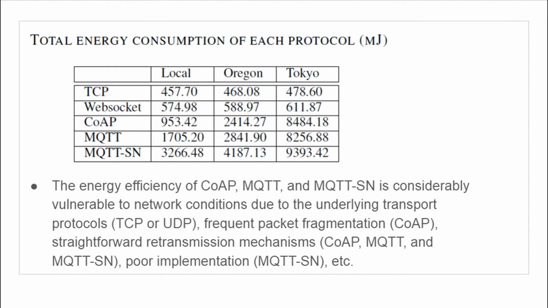When the packet size is larger than 1024 bytes for MQTT in the Oregon and Tokyo cases, it consumes less energy than CoAP. For relatively larger packet sizes, MQTT should be favored over CoAP. This result is analogous to the one obtained in the performance metric experiments.